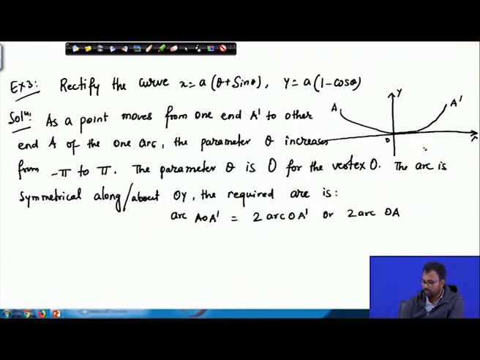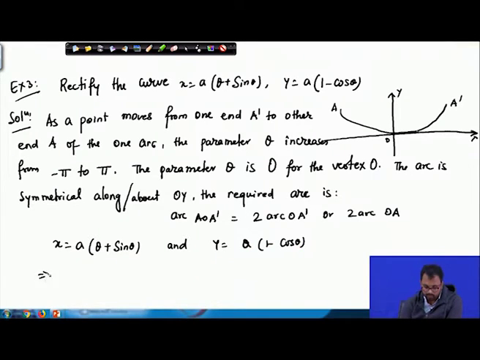All right. Now we have x equals a times theta plus sin theta. In that case, if we are calculating the arc length for any one of these sub arcs, we can have theta running from 0 to pi. All right. So, x equals a times theta plus sin theta, and we have y equals a times 1 minus cos theta.